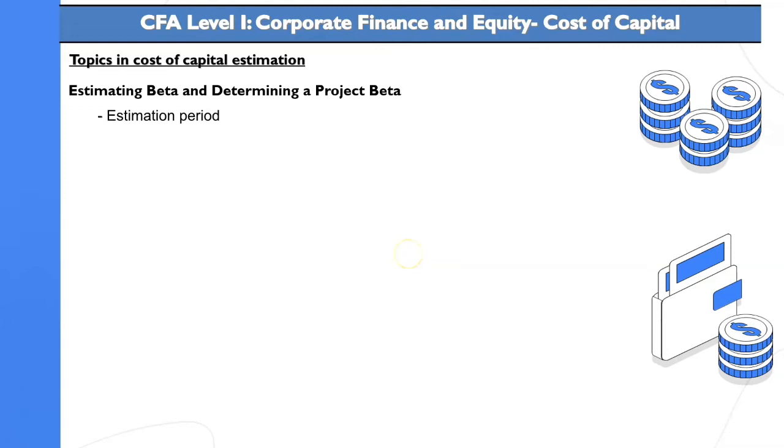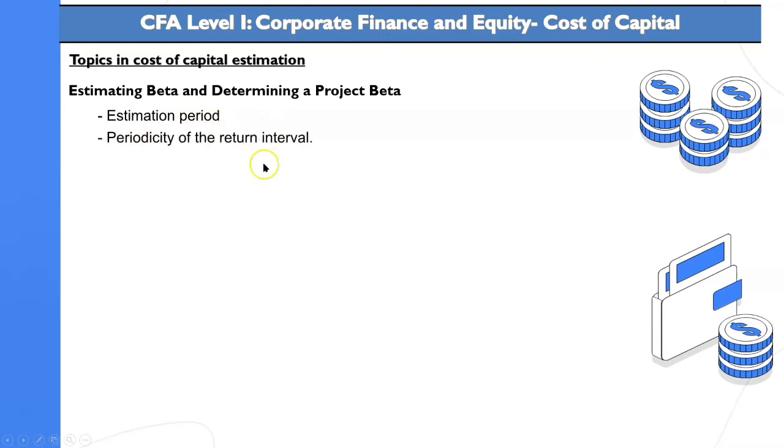In video number 9, which I referred to just now, we used 5 years of returns of the stock to estimate the beta of the company. Some people will say, no, we want annual data. Some will say every 3 years. Some will say we need 10 years. So how long a period should I take?